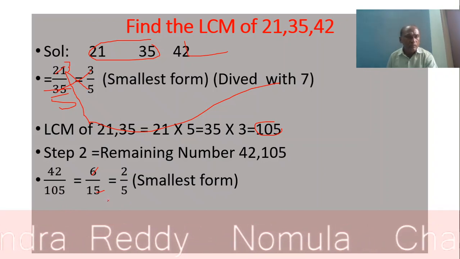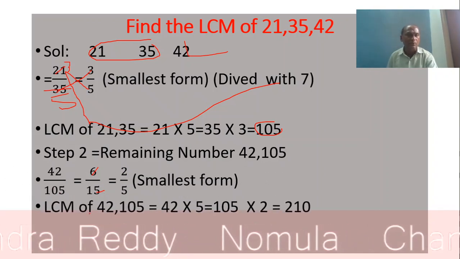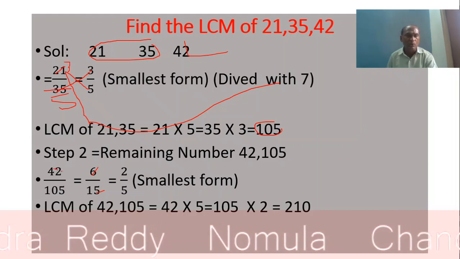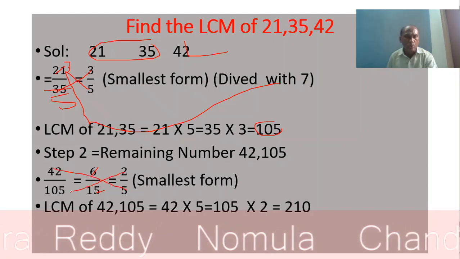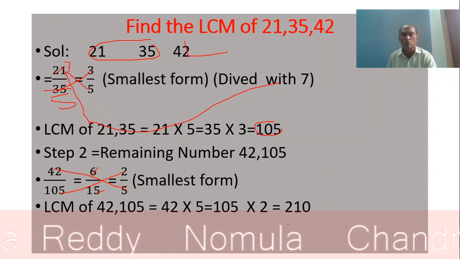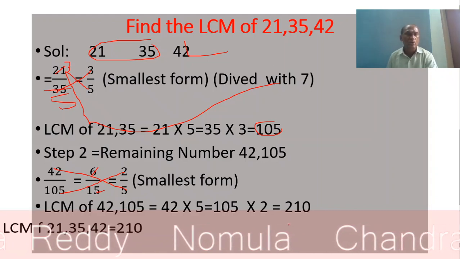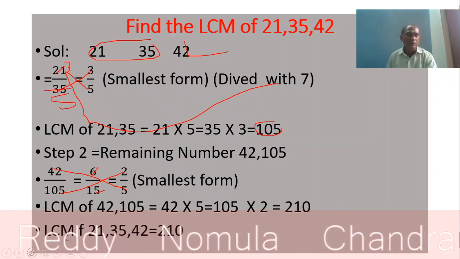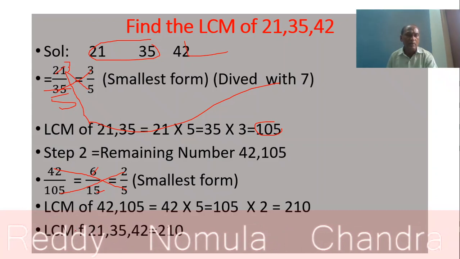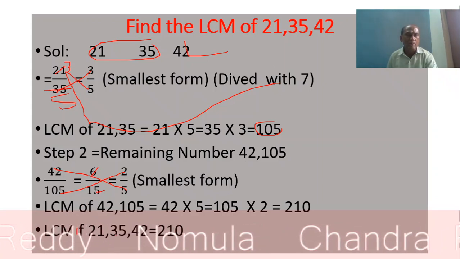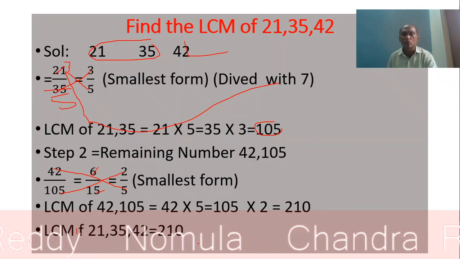Now LCM of 42 into 5, 2 into 105 is equal to 210. So LCM of 21, 35, 42 is equal to 210.